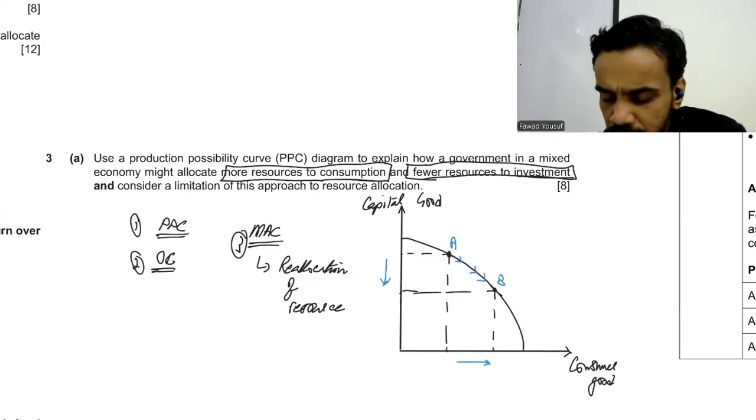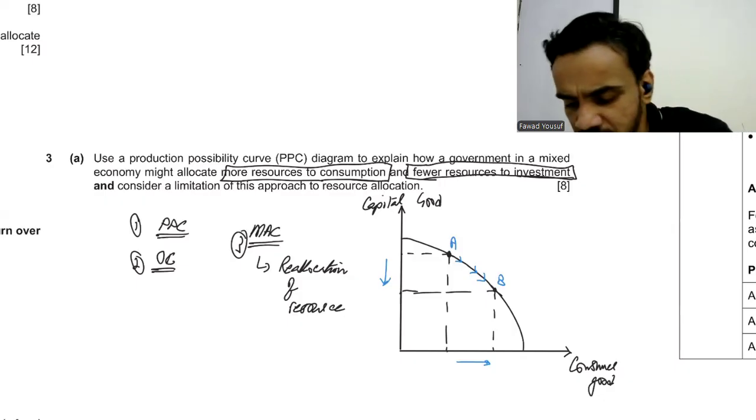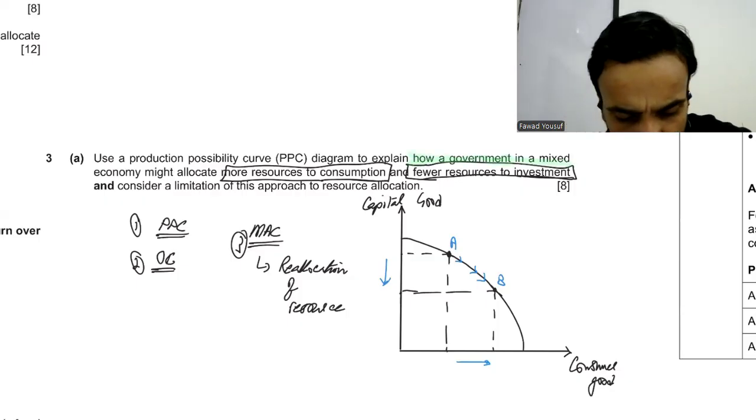And then the problem, what happened was that kids missed out on, or they misread, how a government in a mixed economy might allocate more resources.